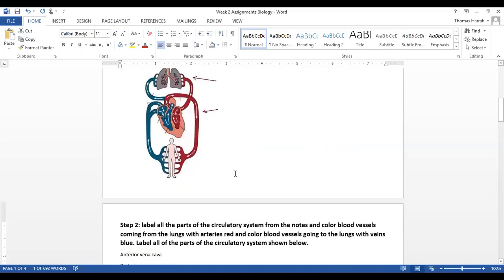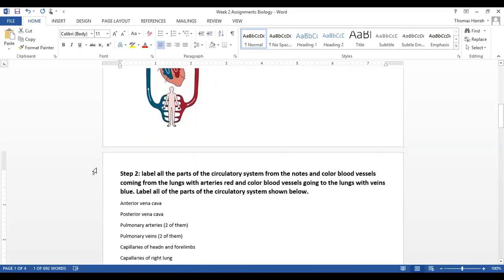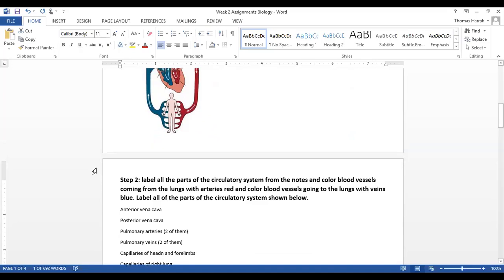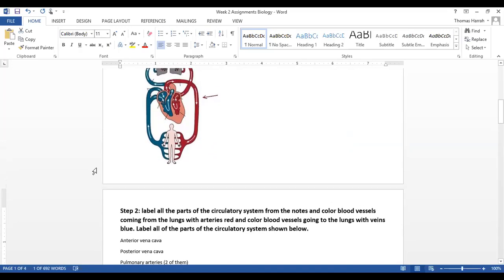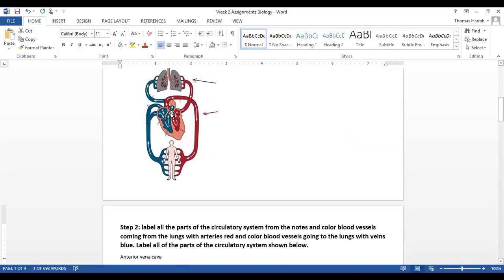That's step 1. Step 2 is label all the parts of the circulatory system from the notes and color blood vessels coming from the lungs with arteries red. So you can see here in this picture, this is coming from the lungs. So this would be oxygenated blood. So those blood vessels are going to be red.